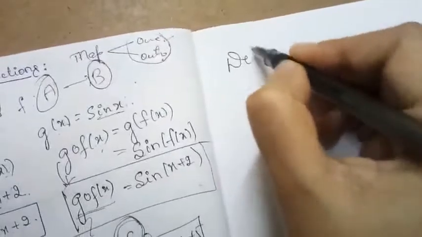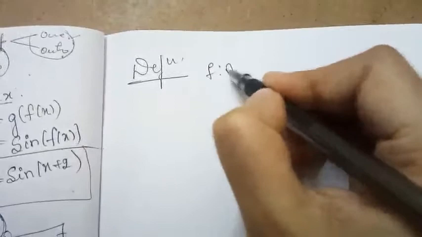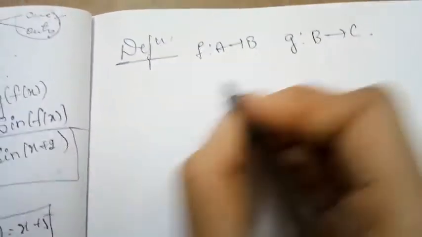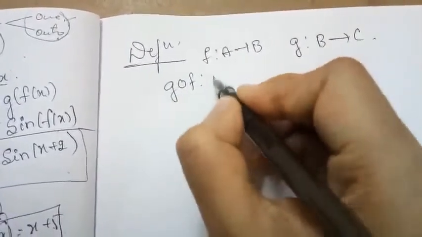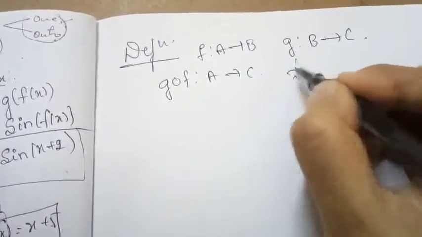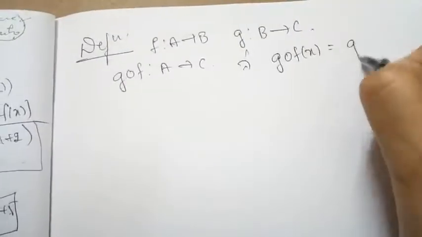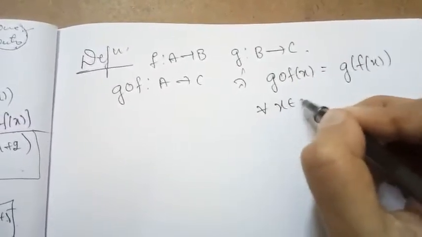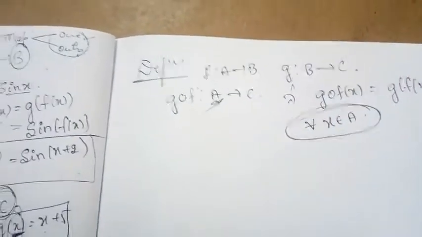So clearly, if I am talking about the definition of the composition of a function: if f is a function from A to B and g is a function from B to C, then the composition of these functions is defined as g of f from A to C, such that g of f of x is equal to g of f of x for all x belonging to the set A, which is nothing but the domain of the function.